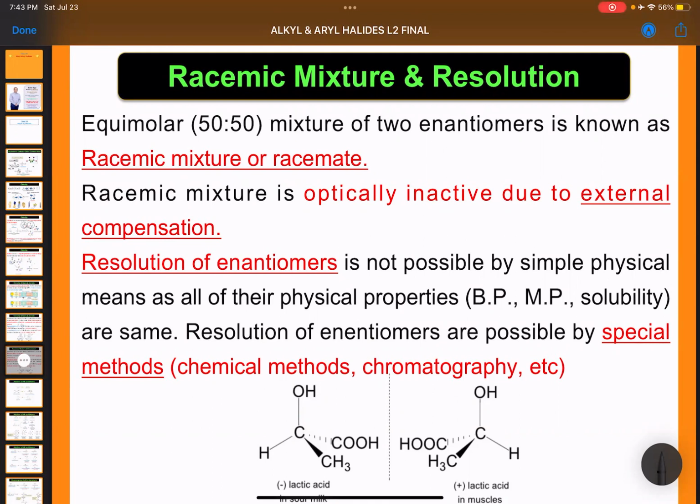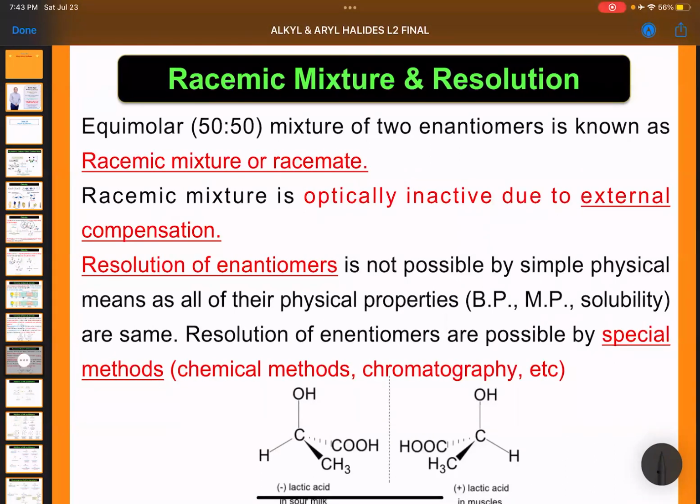And if you pass plane polarized light through it, what will happen? What can you say about the optical activity of the racemic mixture? It is optically inactive. It is optically inactive due to external compensation.